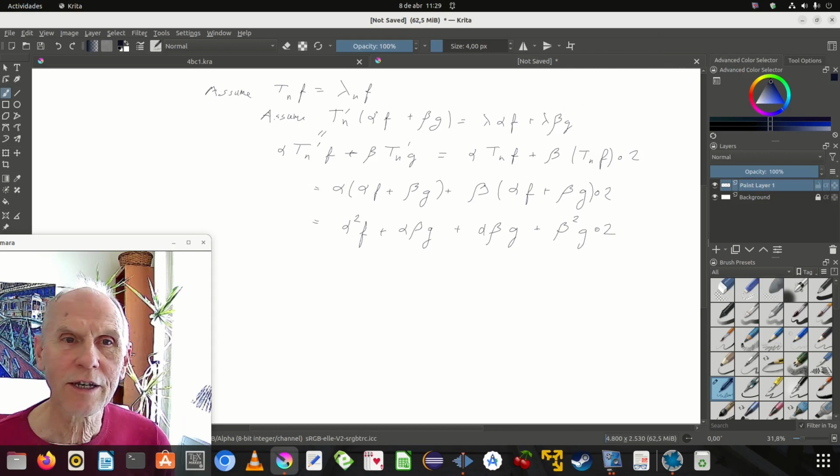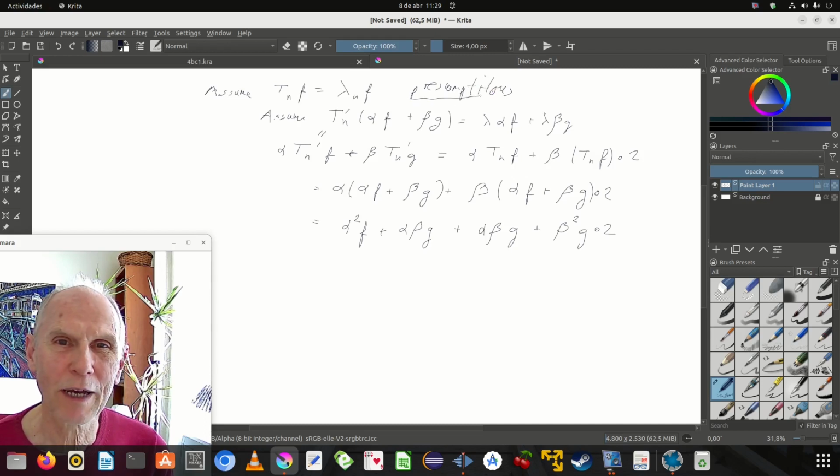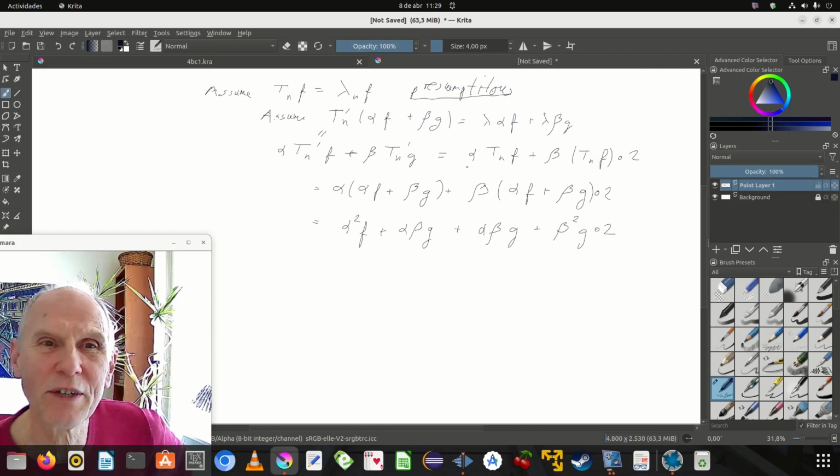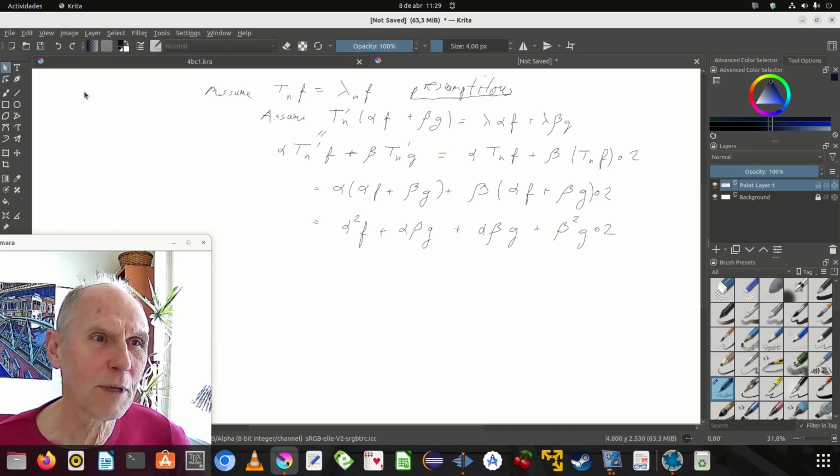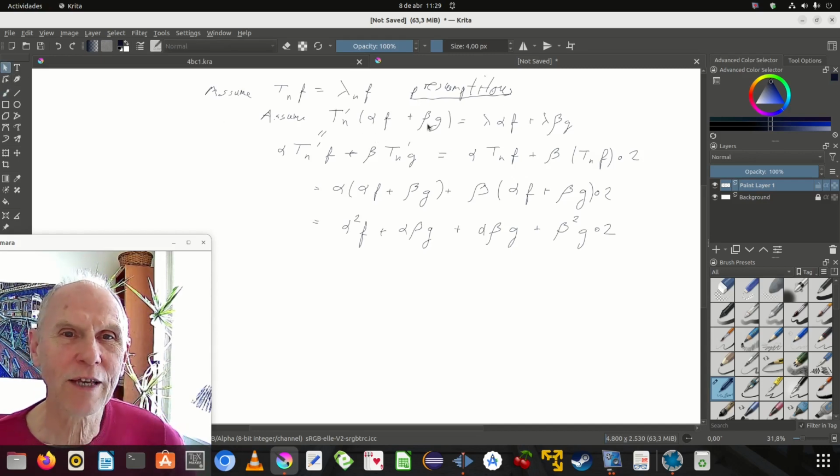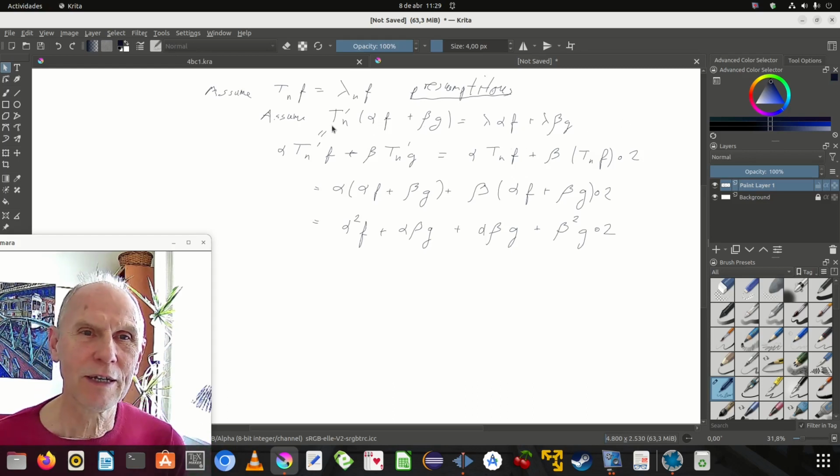While editing the video, it occurred to me that this was presumptuous. I might have had a good reason for doing it, but I didn't understand it while watching while editing the video. So I thought, let's do it properly here and assume that we have an eigenfunction alpha f plus beta g, and then expand Tn on f and g.